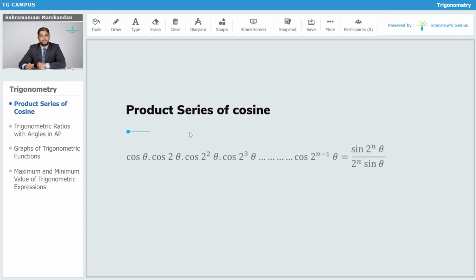We start with the left hand side and we multiply the numerator and denominator, which happens to be 1, by 2 sine theta.